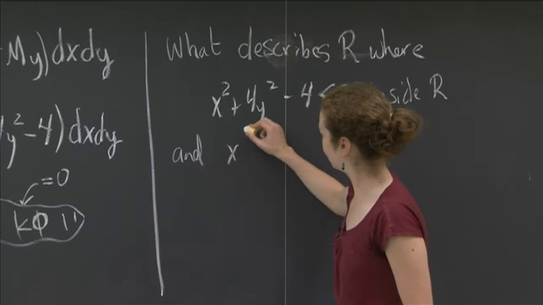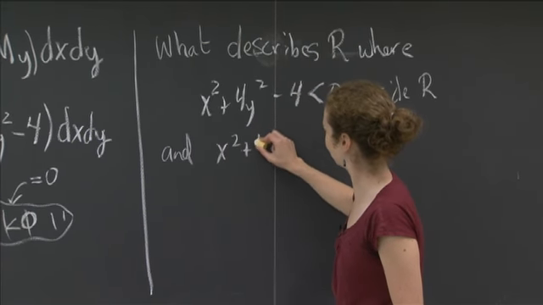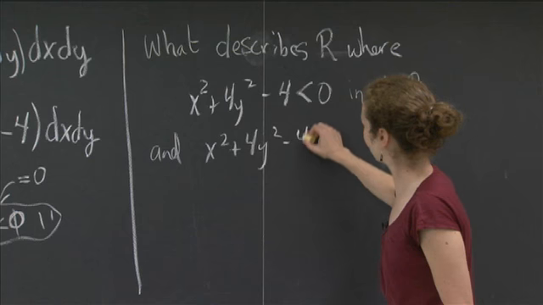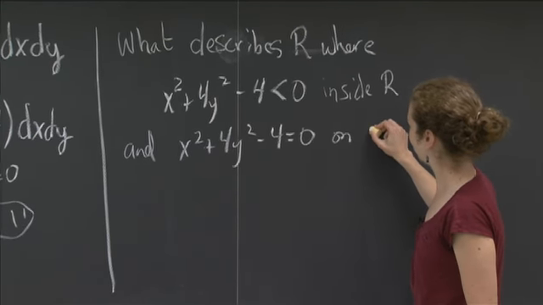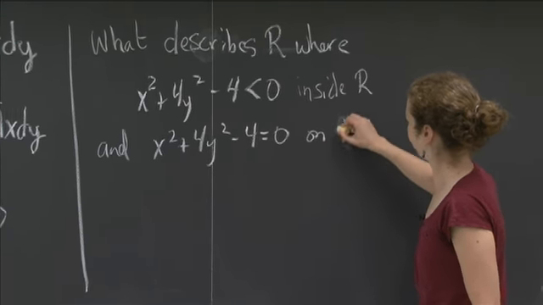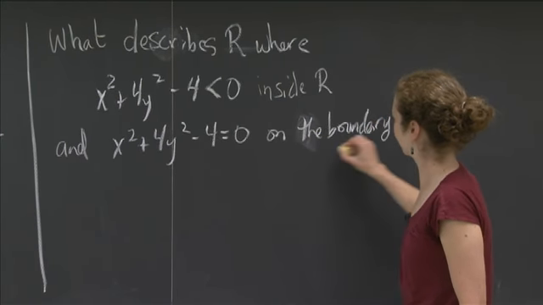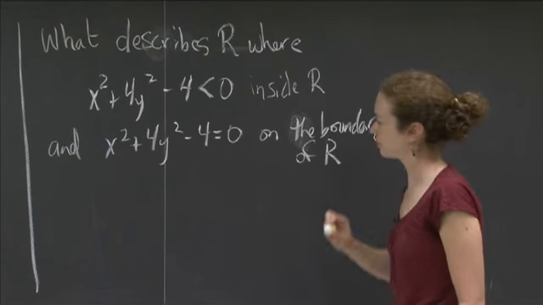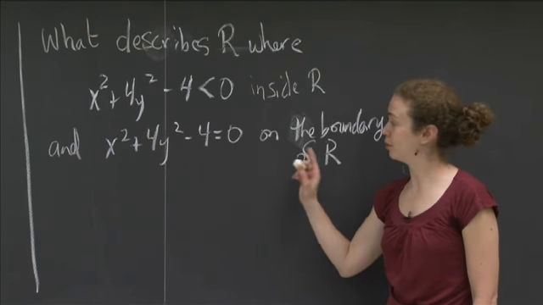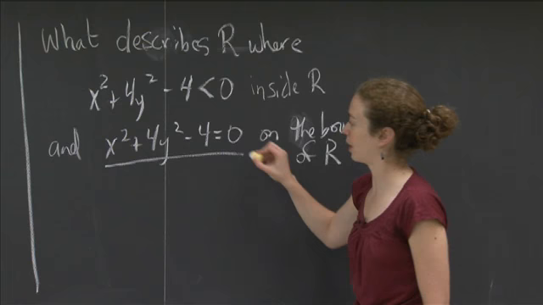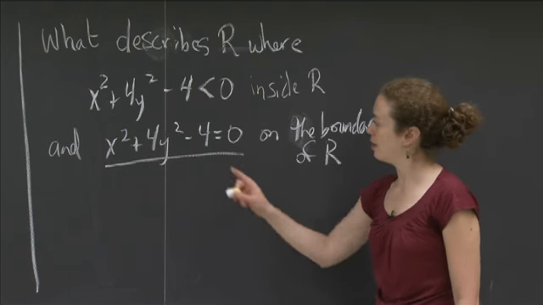That's the same as x squared plus 4y squared minus 4 equaling 0 on the boundary of the region.